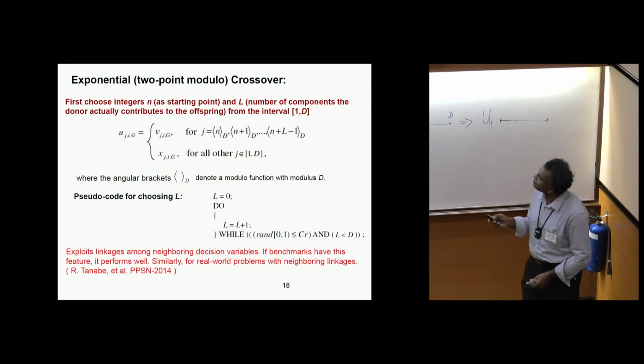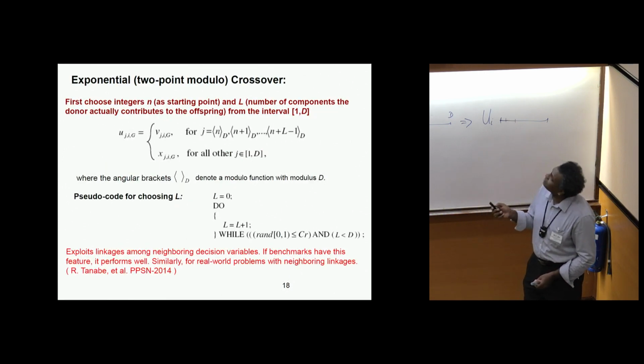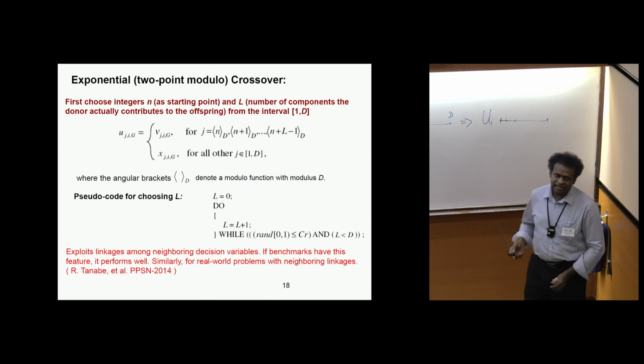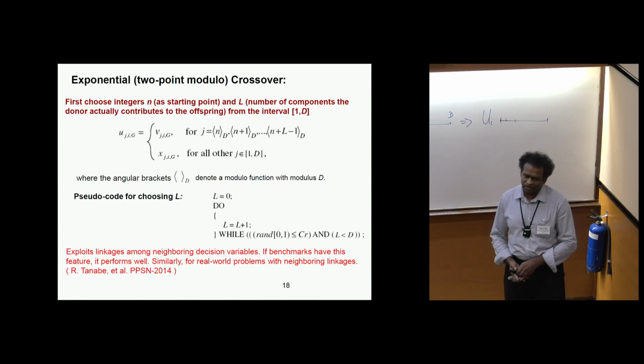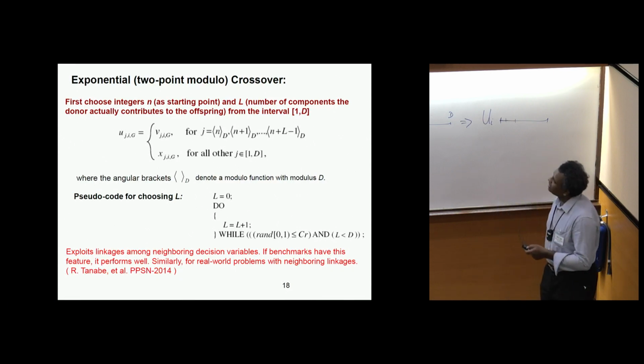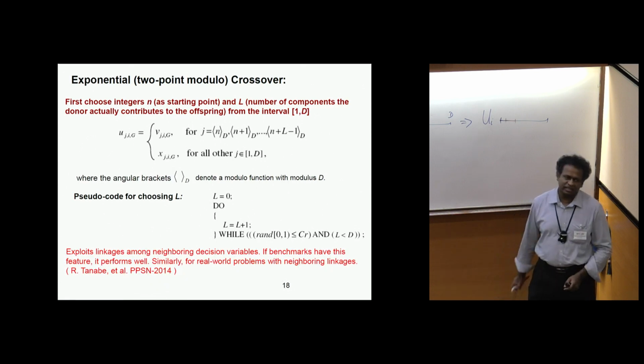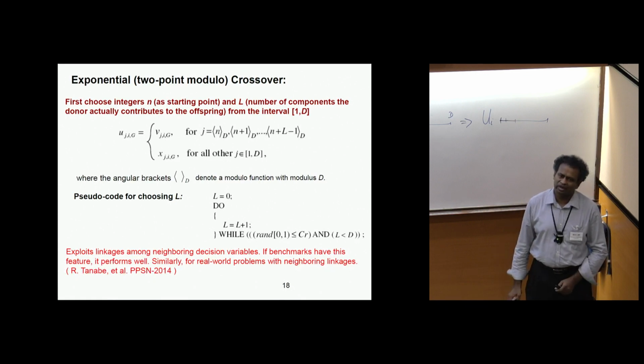By the way, there is another crossover method, exponential or 2-point crossover, but this method is not commonly used because it has a little bit of a shortcoming. It works well only if the neighboring decision variables are linked together. Otherwise it doesn't work.